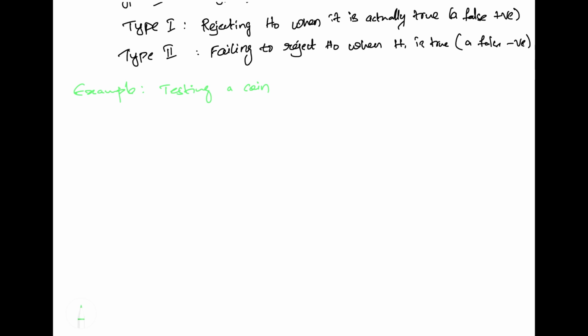Assume you have a coin, heads, tails, and you're testing whether your coin is fair or not. Now your null hypothesis would be the coin is fair.